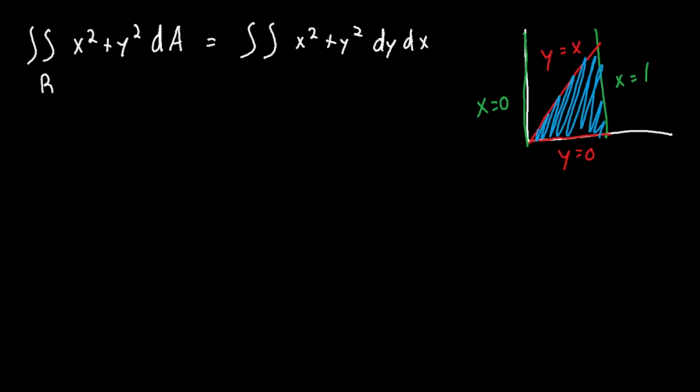When you integrate with respect to dy, you have to keep in mind that the top bound of this dy integral is the top boundary. So b is some function that represents the top boundary of your region, and a is some function that represents the bottom boundary of your region.